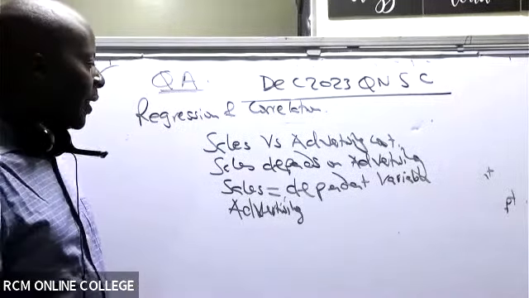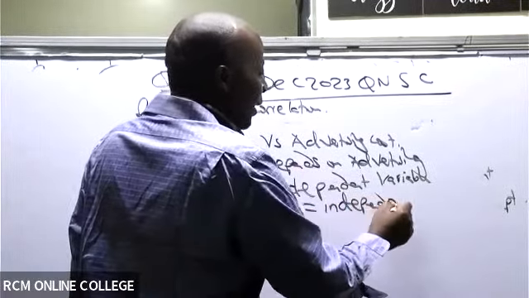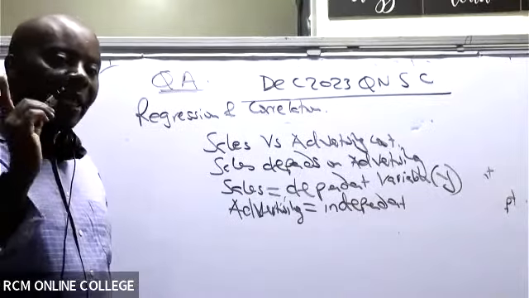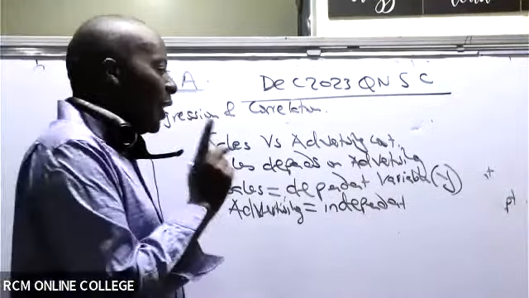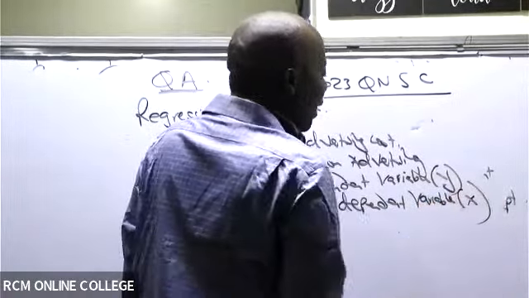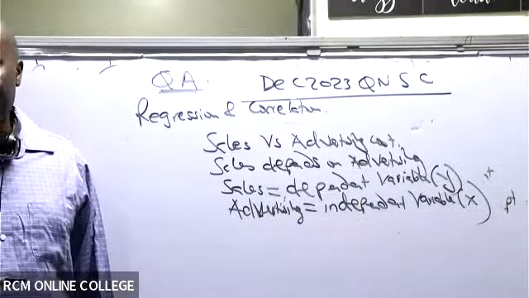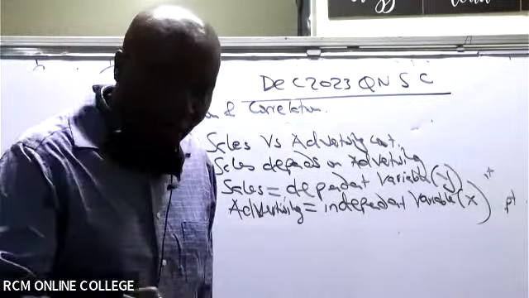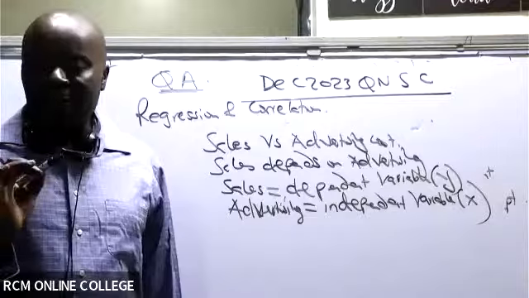So now in this case, the advertising cost will become the independent variable. Remember, the dependent variable is always your Y variable, and the independent variable will be your X. So always remember, dependent is Y and the independent is X.